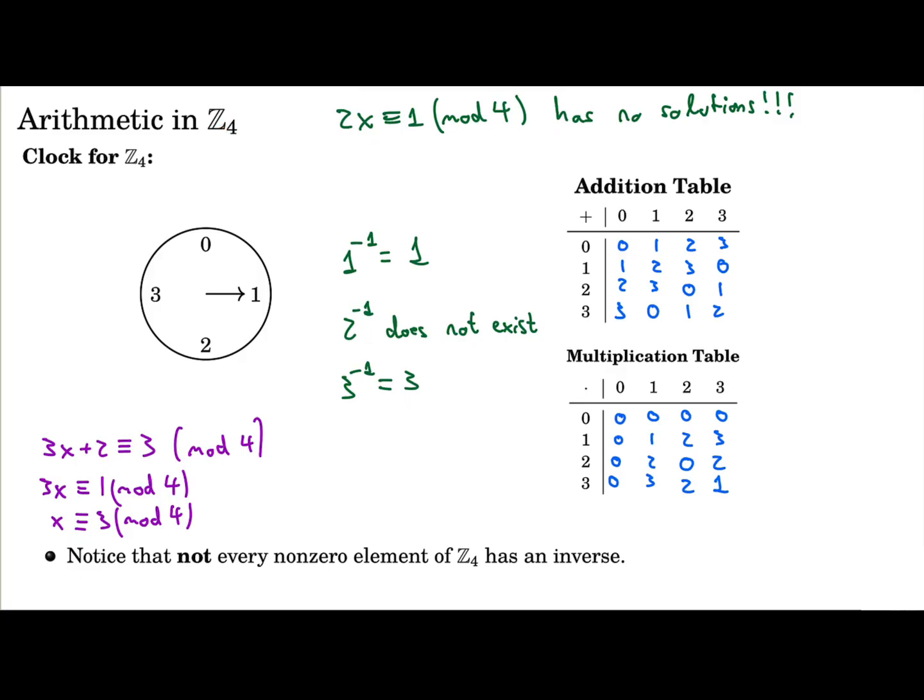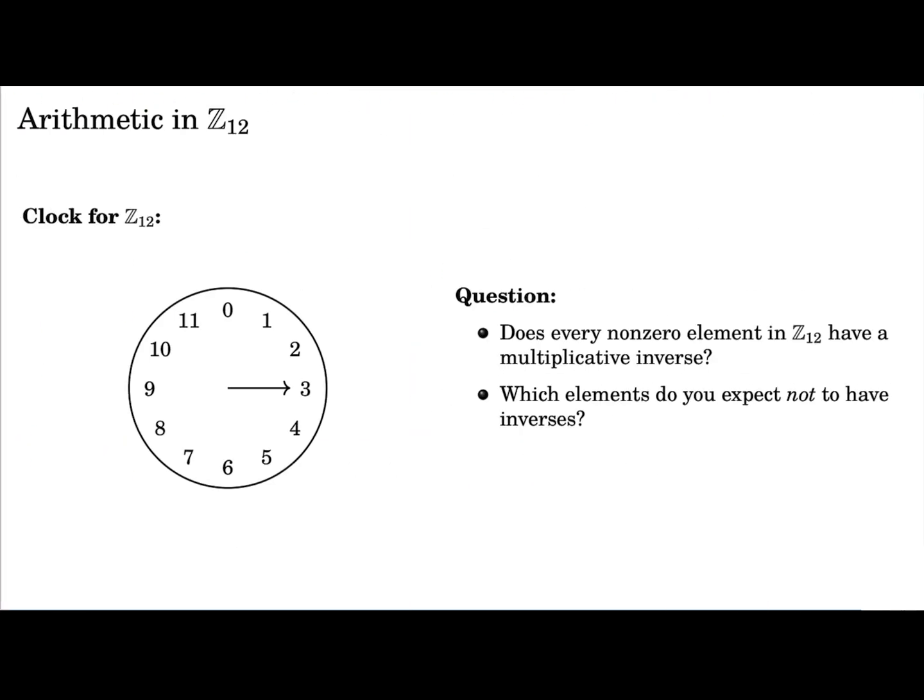And so it's not true that when you're doing modular arithmetic it's always the case that you can invert. So when is it that you can invert? Let's say on the clock with 12, what are the elements here that have an inverse, and how can we think about that?